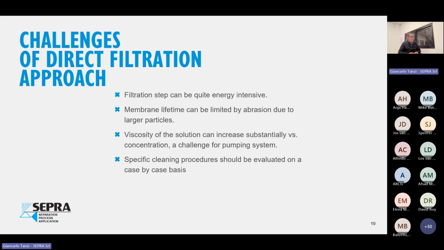And second, there are some hydraulic issues that are important that you normally don't see in other applications, and you see in this very special direct filtration application. One is abrasion. Normally, we as membrane people are not so worried about abrasion. And above all, when you're talking about PVDF tubular membrane in biological streams, it's quite difficult to have problems with abrasion.